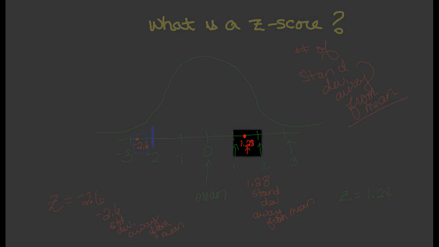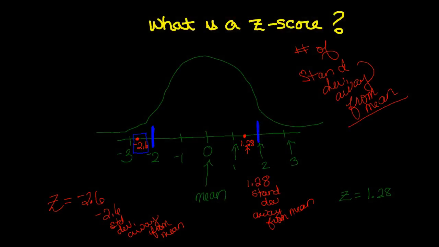This one did not, this 1.28. However, if you had done the calculation over here and gotten a z greater than 2, then it would have been outside of the 2 range. Anything that fell from here and bigger would have been outside of the 2. Or if you were looking for anything outside of the 3, anything 3 or larger, it just depended on what your question was looking for.